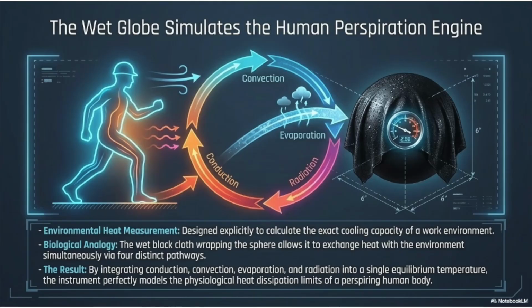Through a clever biological analogy, the wet black cloth wrapping the sphere allows it to exchange heat with the environment simultaneously through 4 distinct pathways: convection, evaporation, conduction, and radiation. The result is that by integrating all 4 of these processes into a single equilibrium temperature, the instrument perfectly models the physiological heat dissipation limits of a perspiring human body.